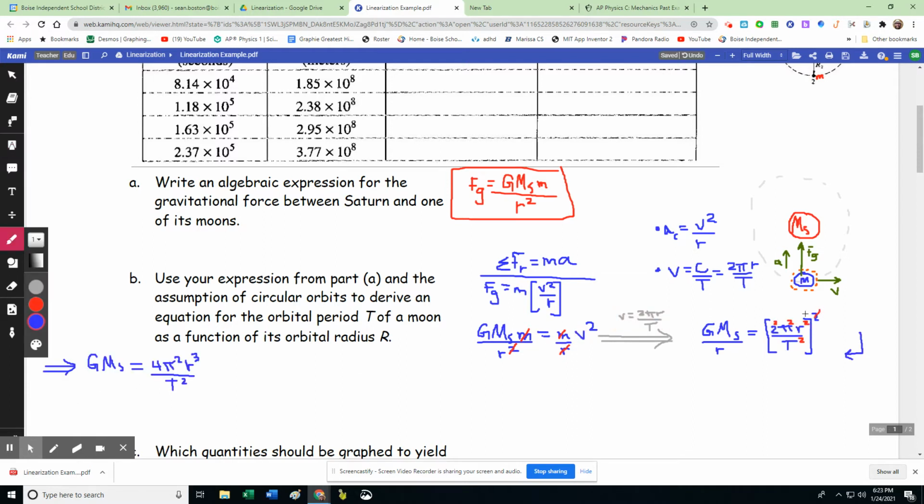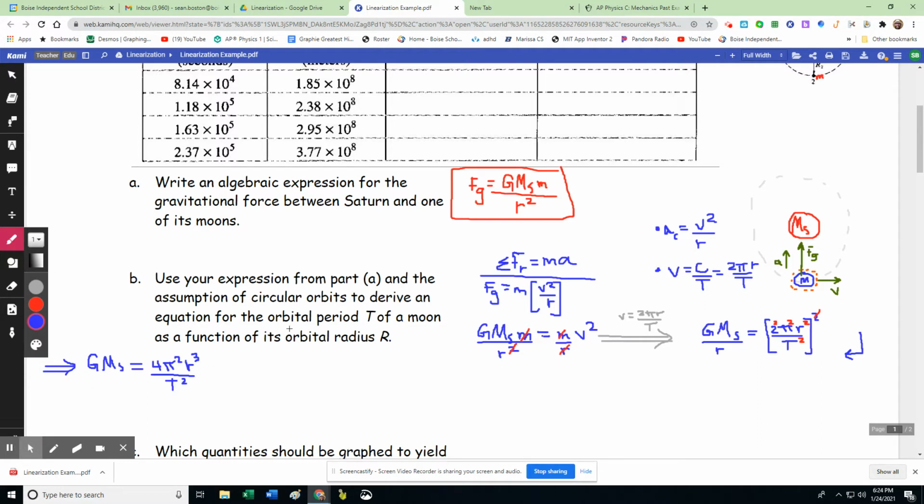Okay, so when we distribute that square, everything in here gets squared, and we end up with 2 squared, which is 4, pi squared, r cubed, because we had an r that we multiplied on both sides to bring it onto the top on the right-hand side of the equation. So that made us have this r squared times this r on the other side, and t squared on the bottom. We end up with something like this.